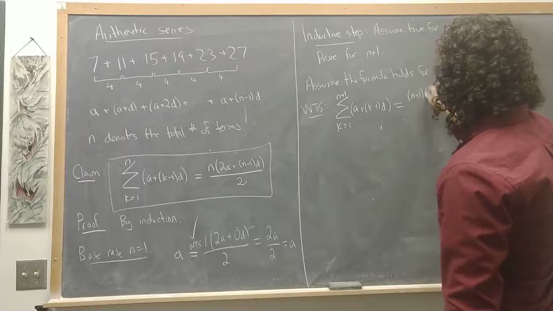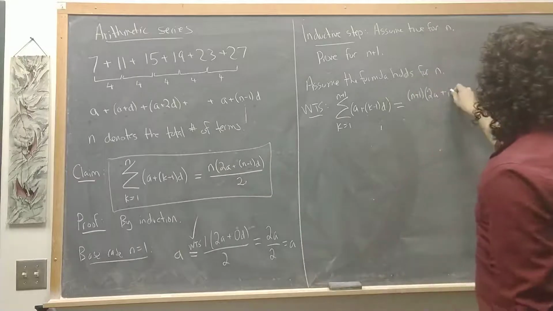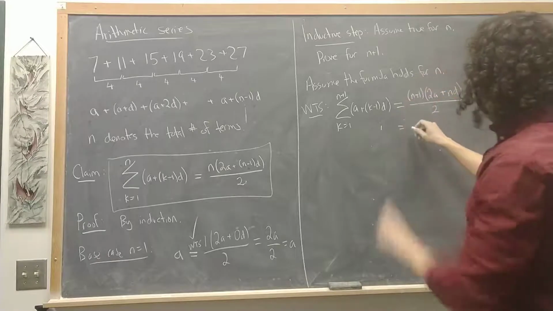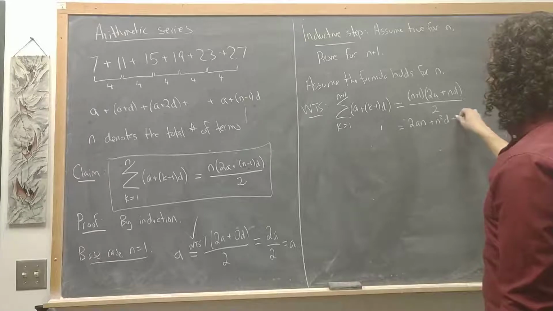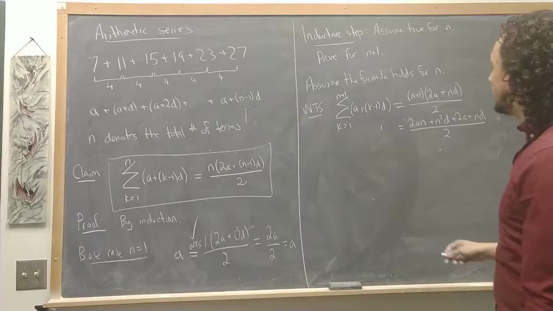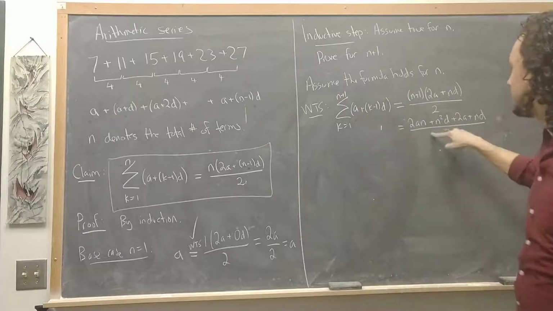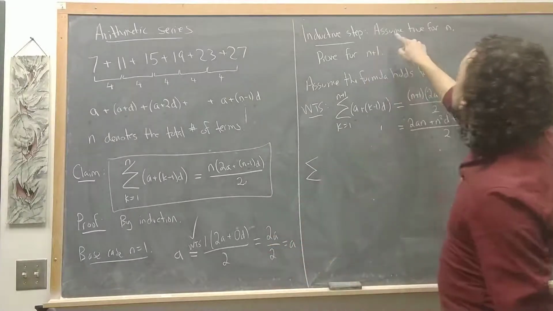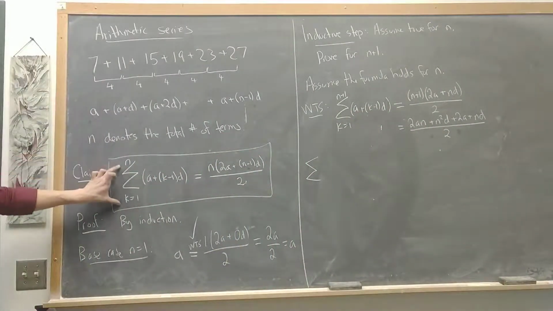So (n plus 1) times (2a plus nd) divided by 2, which if I multiply this out, is equal to (2an plus n squared d plus 2a plus nd) over 2. This is kind of a mess, but the question is, can we show that this sum really does equal this expression? The way we're going to approach it is by using the inductive assumption, that the formula is true for a sum of up to n terms.